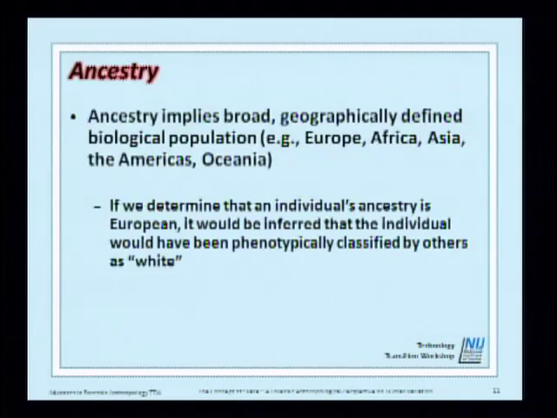Ancestry implies broad geographically defined areas, like we were discussing Europe, Africa, Asia, but again, those can be subdivided into other specific groups. And one thing that we have done with 3D ID, and actually Bruce Anderson planted that seed several years ago, is to not just use that term Hispanic that I'll talk about in a minute, but to subdivide that into more specific geographic regions like Circum-Caribbean, Mesoamerica, South America, because they're all very distinct.